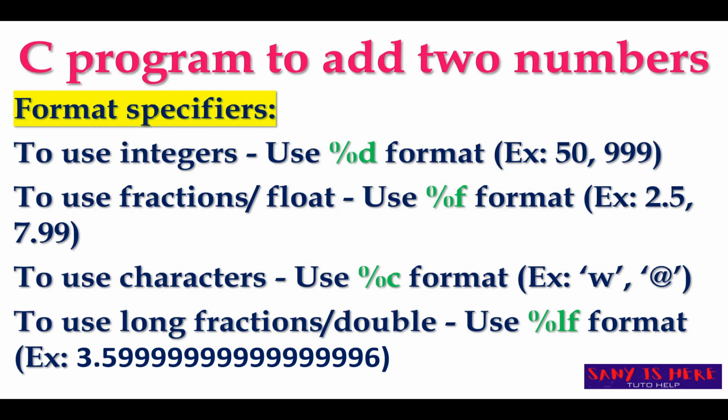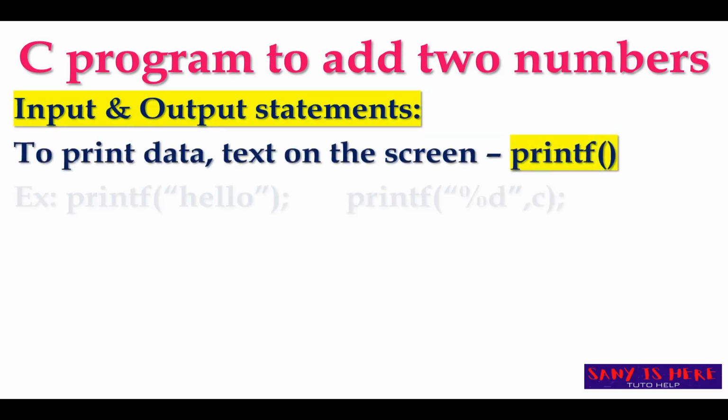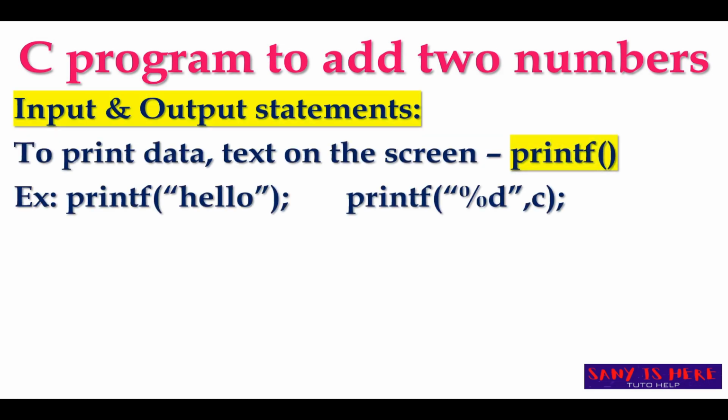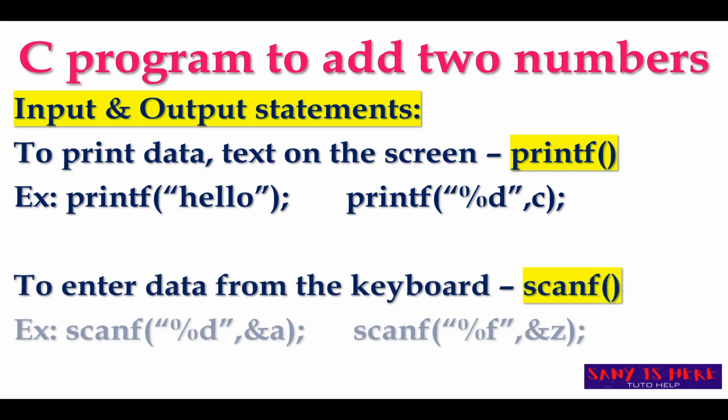We will see how that works. Let us see. If you want to store the data in the variable, what you are going to do in the program, and if you want to print the data on the screen, what you are going to do.